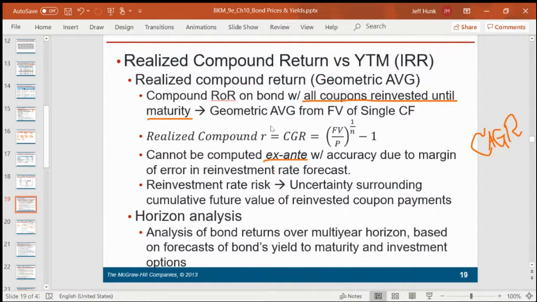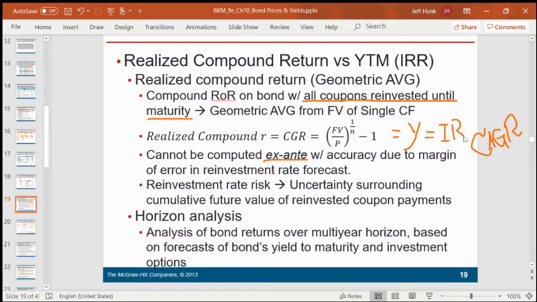In other words, yield is the same thing as realized compound return, under the assumption that all the interest is reinvested until maturity in the same bond at the same coupon rate, right? Which is the internal rate of return.